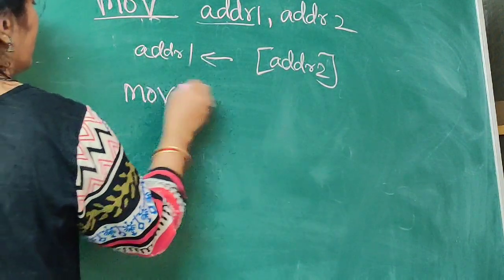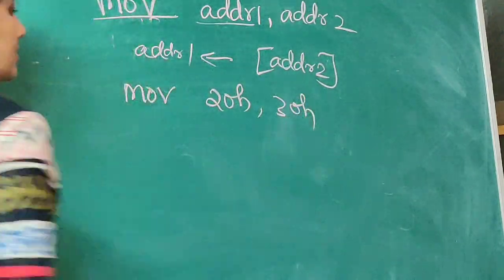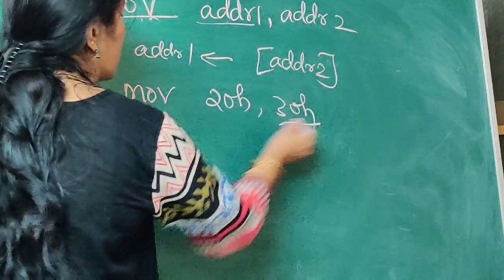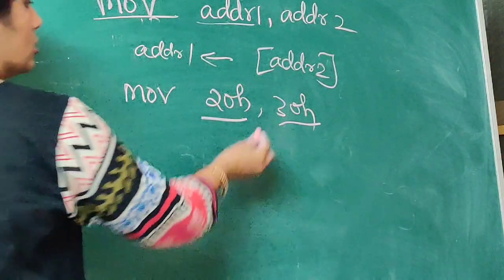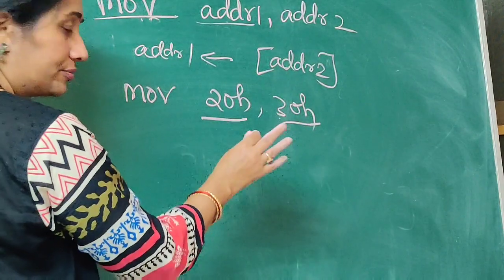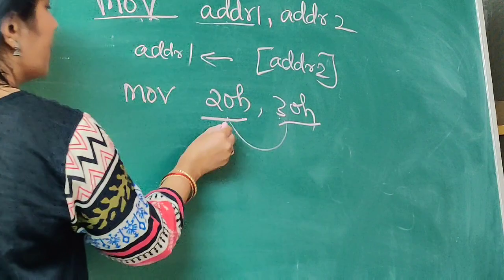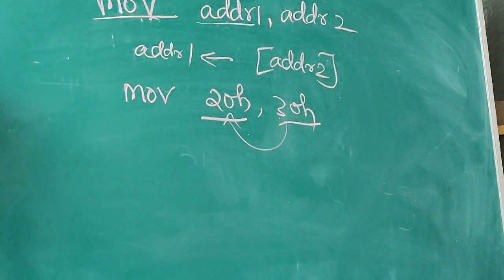Example kodbekantandre, say I'll write like this: move 20 hex comma 30 hex. In artha idrolaga source idu, idenadru destination adu. So number without a hash sign andre idenadru one address adu. So 30 hex dolaga enu content ade, that will become the content of the memory location 20 hex.